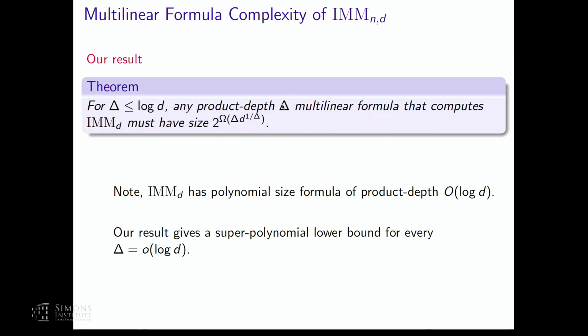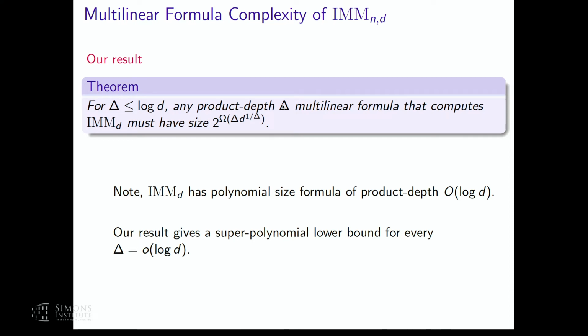IMM has small polynomial size formulas of depth order log d, but for any depth little o of log d, we have super polynomial lower bounds. This is what will give us these applications.